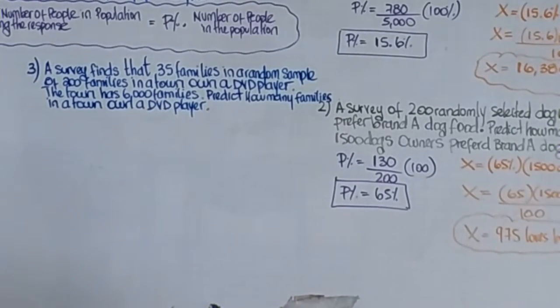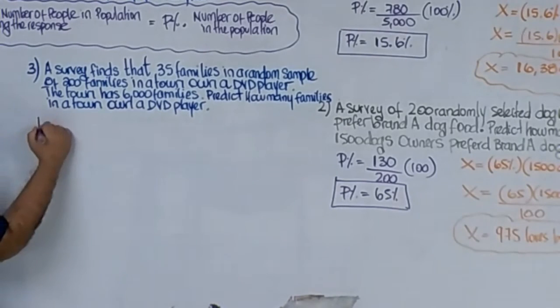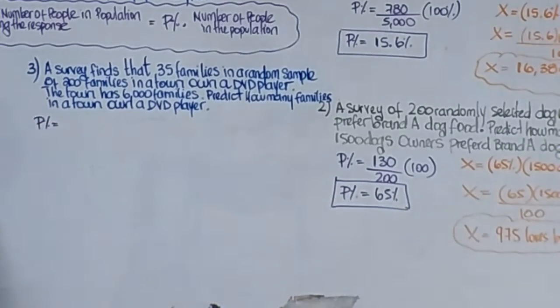So again, a survey finds that 35 families in a random sample of 200 families in a town own a DVD player. The town has 6,000 families. Predict how many families in the town own a DVD player. Step number 1, the percentage of the prediction. Remember, we divide the sample by the random survey.